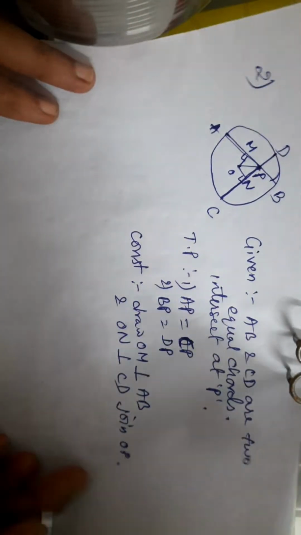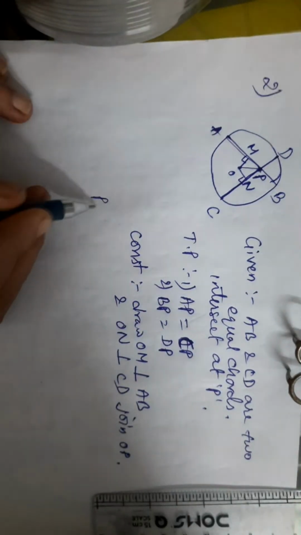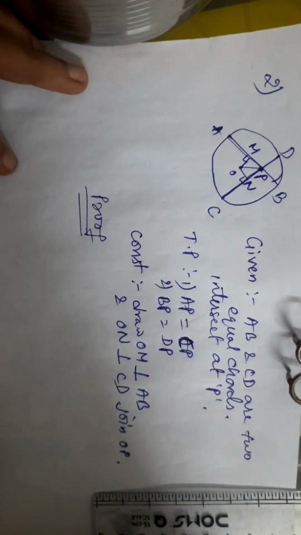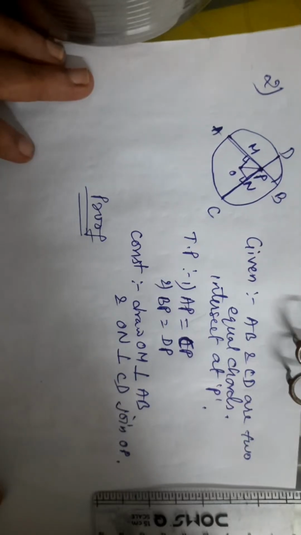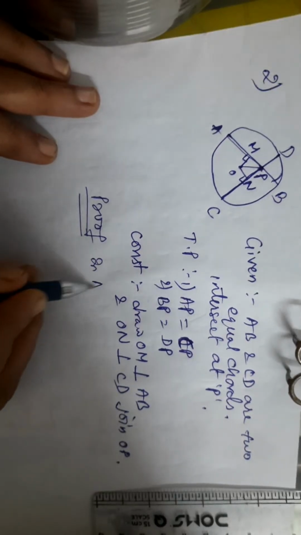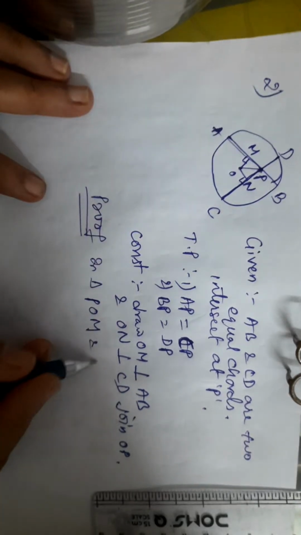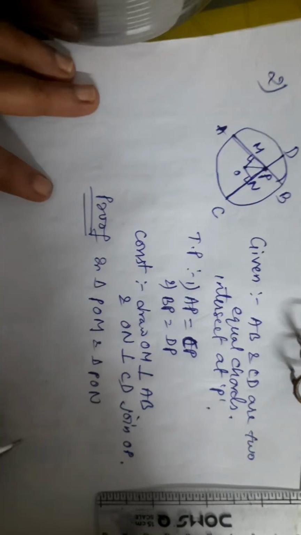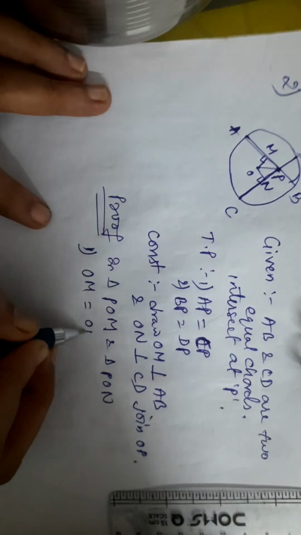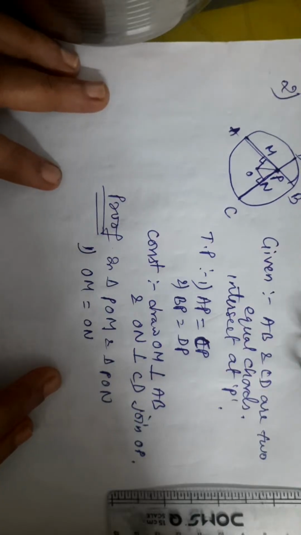Now let's start with the proof. Here we need to make the triangles congruent, so we will use the properties from chapter 7. We consider triangle POM first and triangle PON. First, OM is equal to ON. This is one of the important properties: equal chords are equidistant from the center.